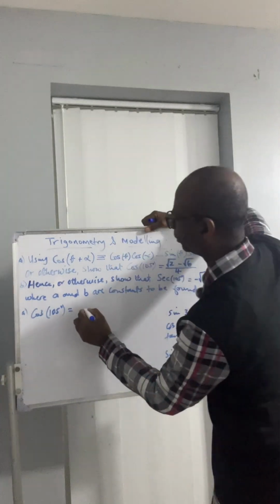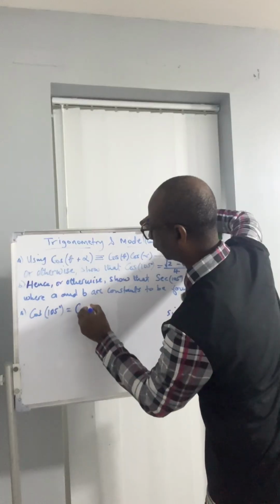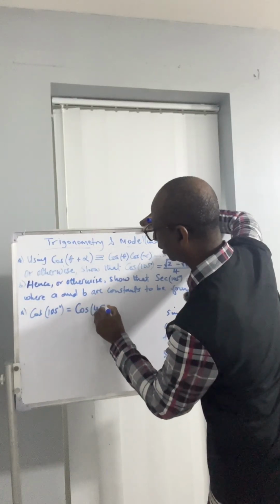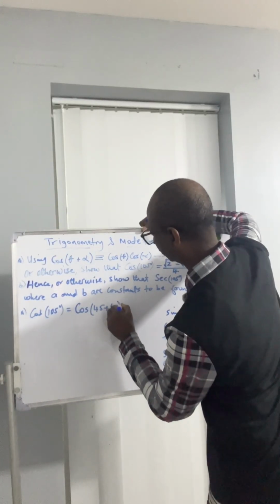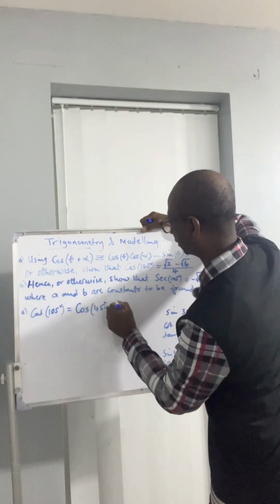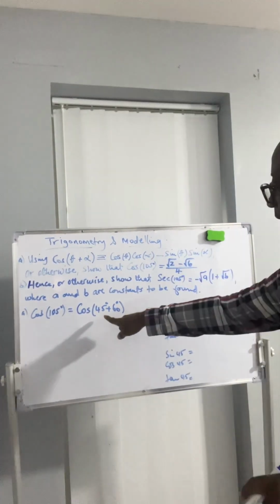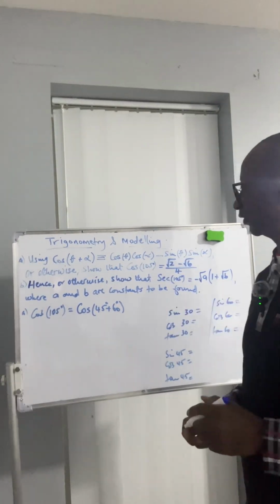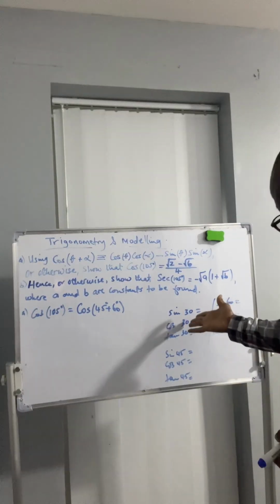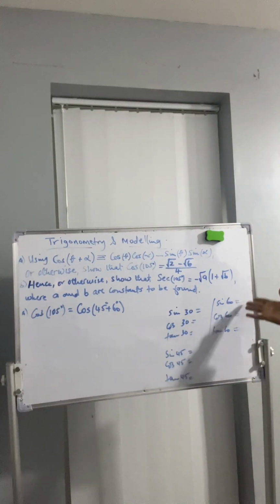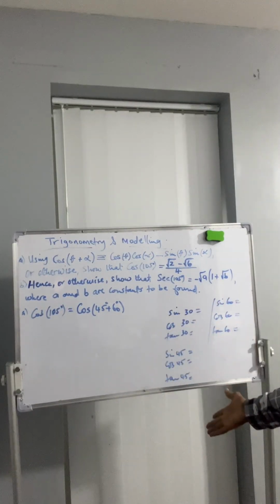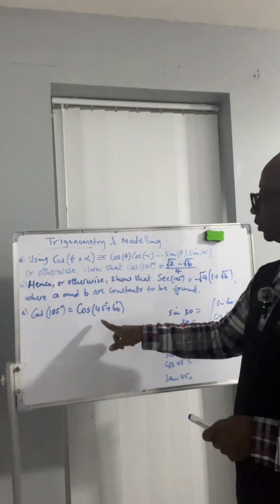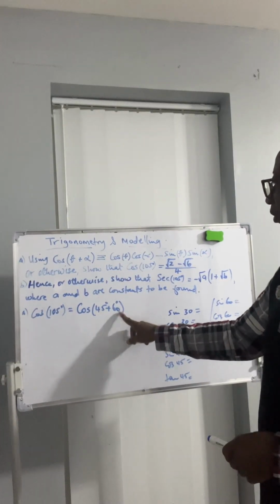So this cosine now becomes the cosine of 45 plus 60 degrees, because when you add them, you get 105 degrees. You know the values of these. So this now becomes your theta, and this becomes your alpha.